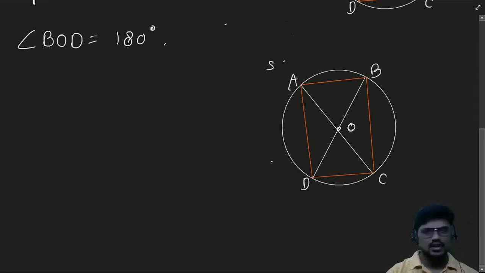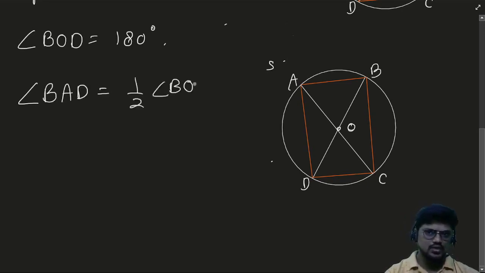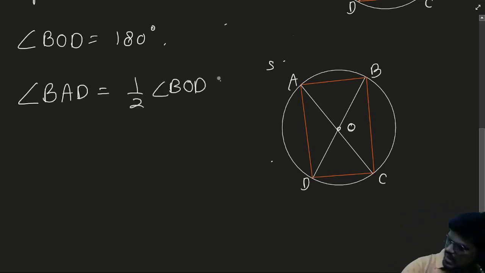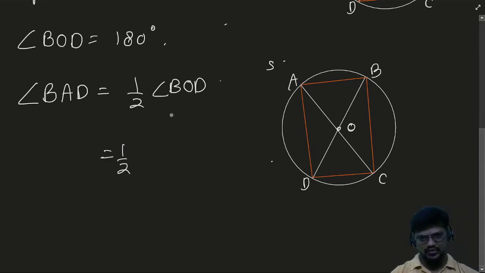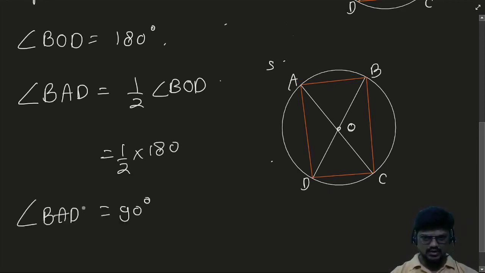And angle BAD will be equal to half of angle BOD. What is the reason? The angle subtended at the center of the circle is equal to double the angle subtended at any point on the circle. So this is equal to half of angle BOD, that is half of 180 degrees. So angle BAD is 90 degrees.